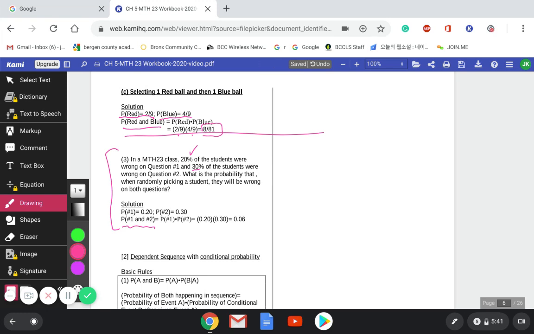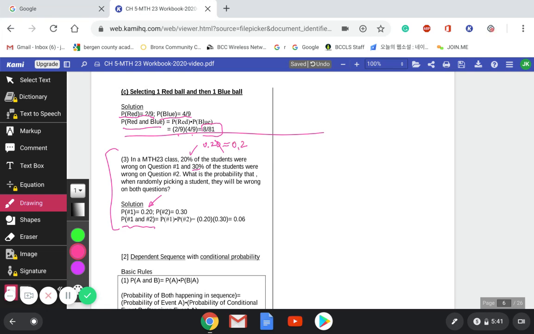Okay? So the probability of the event that question number 1 is wrong among the students is 0.2, because 20% means 0.20, but we do not write the trailing 0, so a lot of times we call it 0.2.